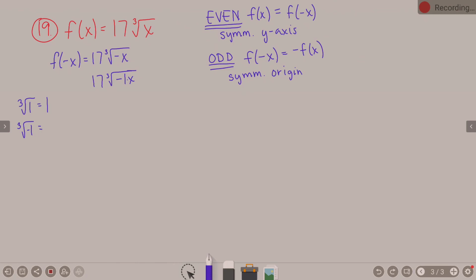Because if you remember, negative 1 times negative 1 is positive 1. Times another negative 1 is negative 1. So cube root of negative 1 is negative 1. So all of that, what is my point here? The cube root of negative 1 is a negative 1. And so you can think of this as a negative 1 out front times 17 cube root of x. Or in other words, negative 17 cube root of x.